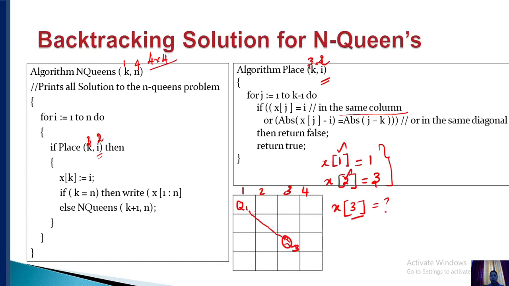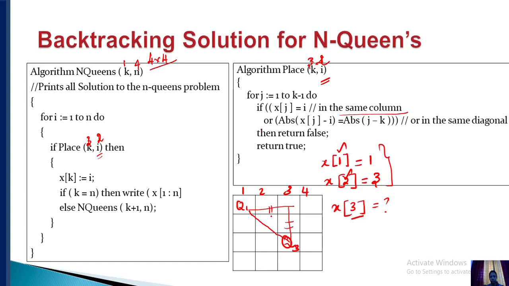Okay, so how can I find whether it is diagonally clashing or not? Here we can check it by the horizontal distance and the vertical distance. If both are the same, then we can say these two queens are diagonally clashing with each other, right?